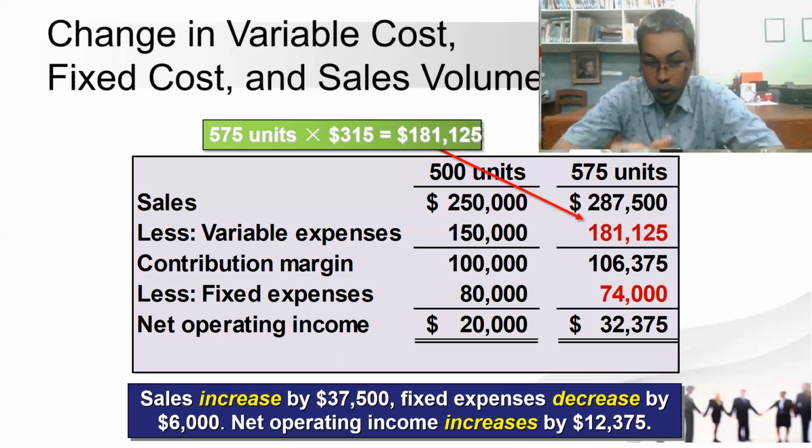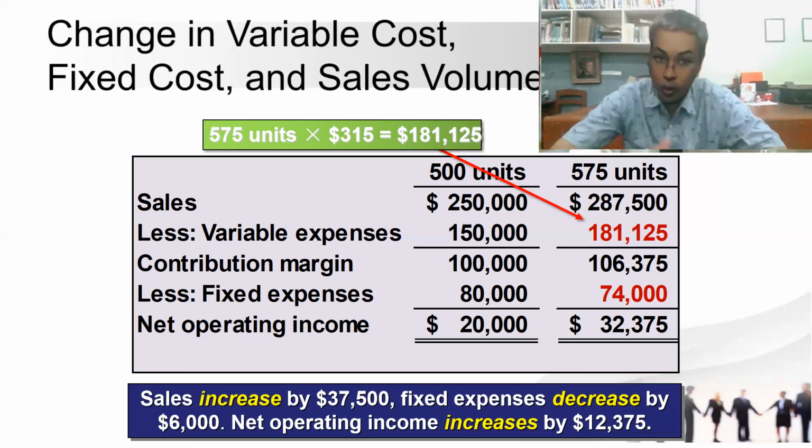Now, variable expense. So 500 units. And we have variable expense total of $150,000. So if 150,000 divided by 500 units, that is what? 1,500 divided by 5, that is 300. So our variable expense is 300 per unit.